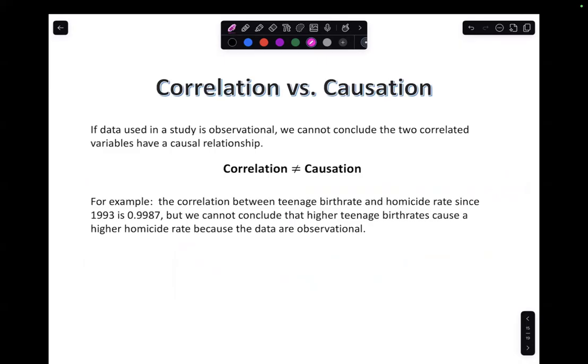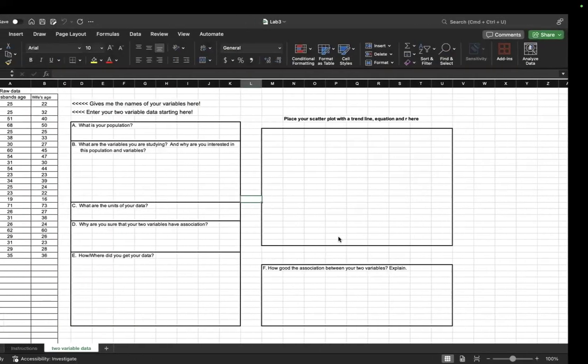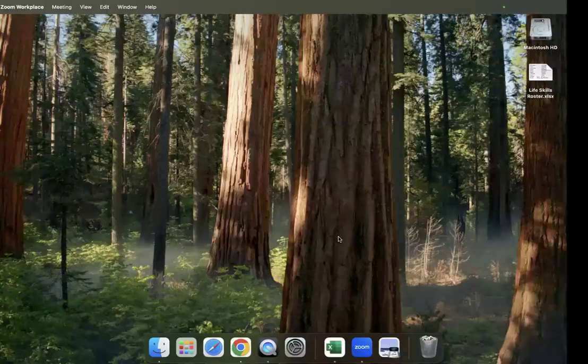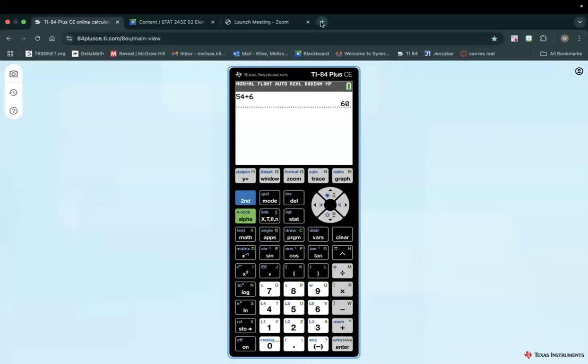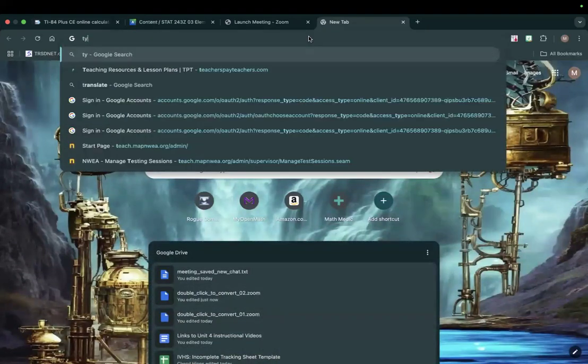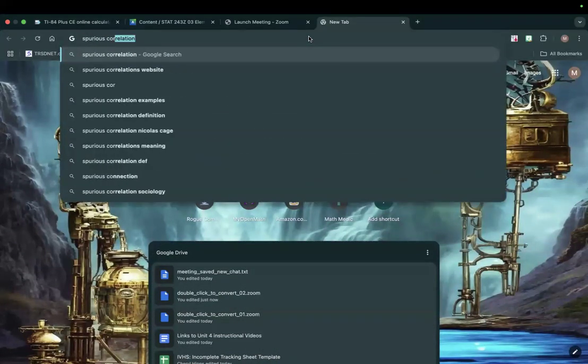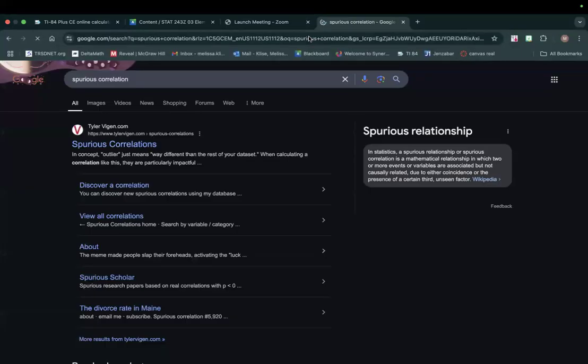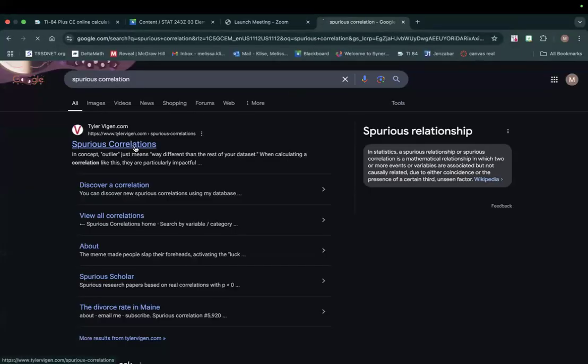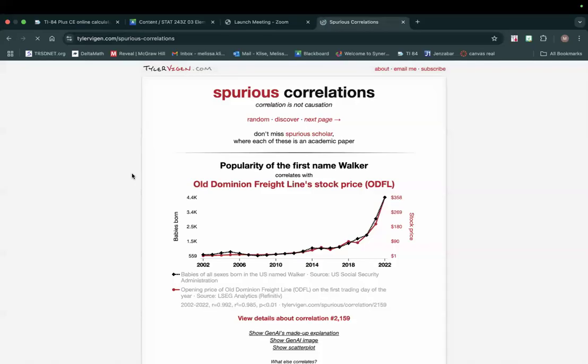People will try to conclude that, and it's really fun to say to people correlation doesn't equal causation. I'm going to give you some really great examples because I always like to take a couple minutes. Nobody's ever been mad at me for taking a couple minutes for this. Let's see here. Spurious Correlations. This is one of my favorite websites because I'm a weirdo. This website gives you things that have high R values that don't really have anything to do with each other.